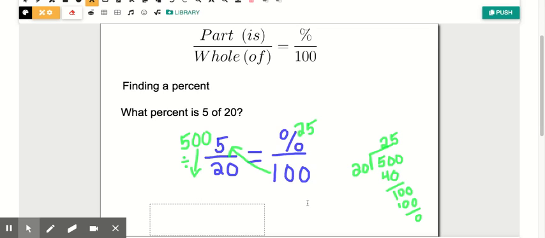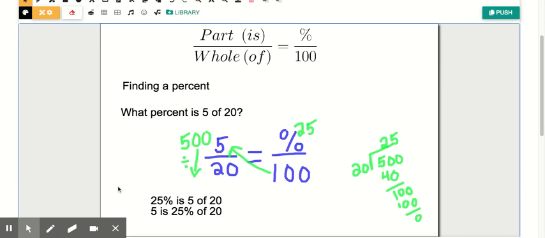We've now determined that 25% is 5 of 20. Or another way we can say that is 5 is 25% of 20. So there are two different ways we can say that.